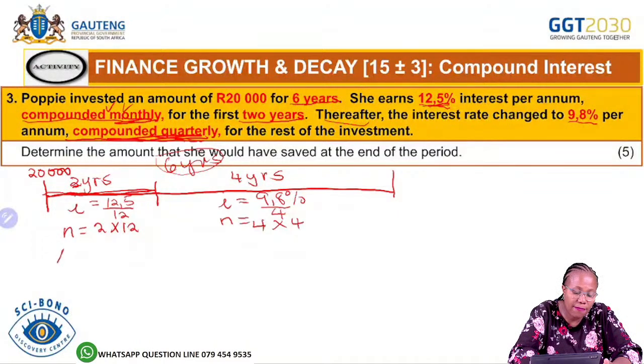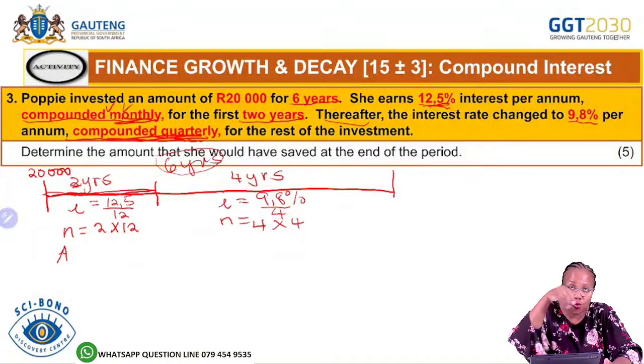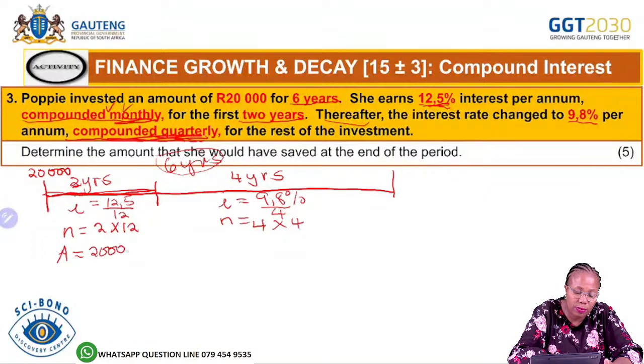So now we are having the compound. For the first investment within 2 years, we are going to invest 20,000, compound interest formula, and then that will be 1 plus i. What is i here? 12.5% for the first 2 years over 12. And then this is for how many years?